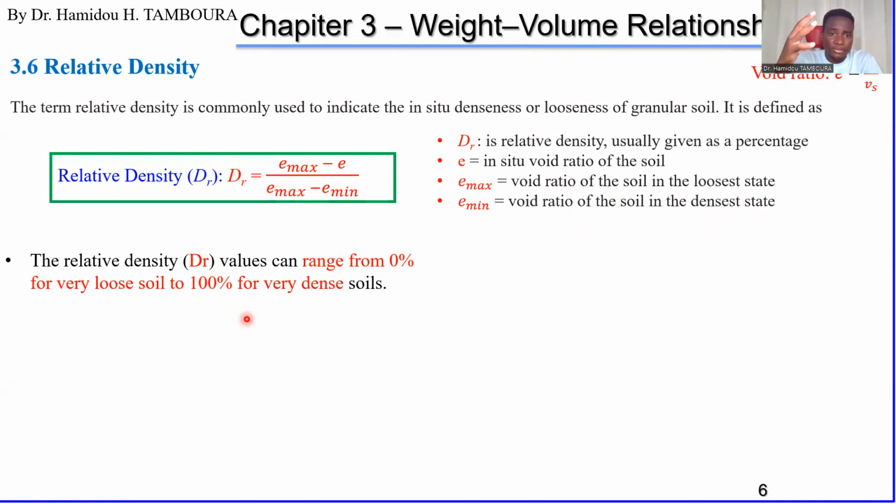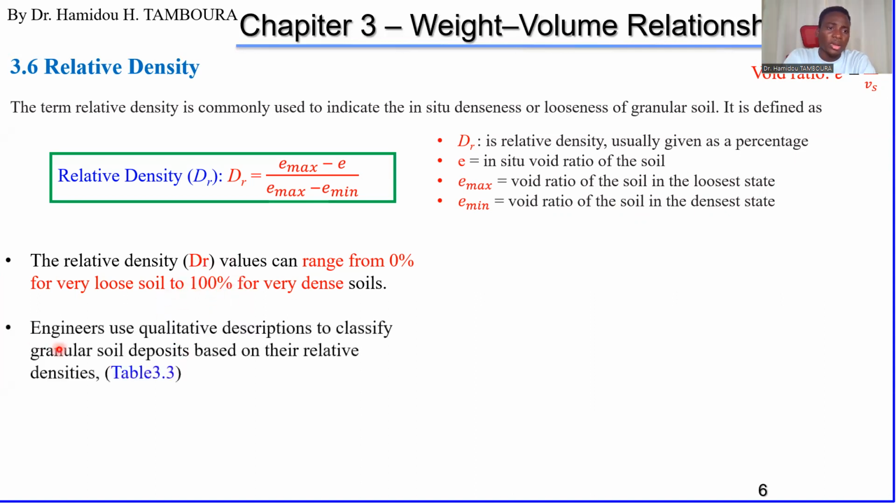From 0, very loose, to 100%, very dense. But trust me, if you want to achieve 100% relative density, it's not easy.